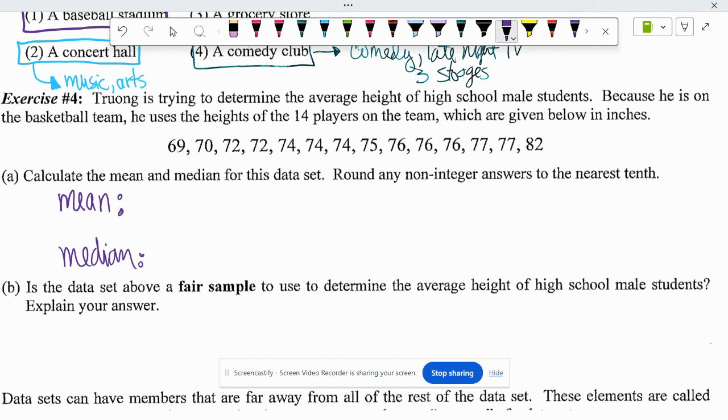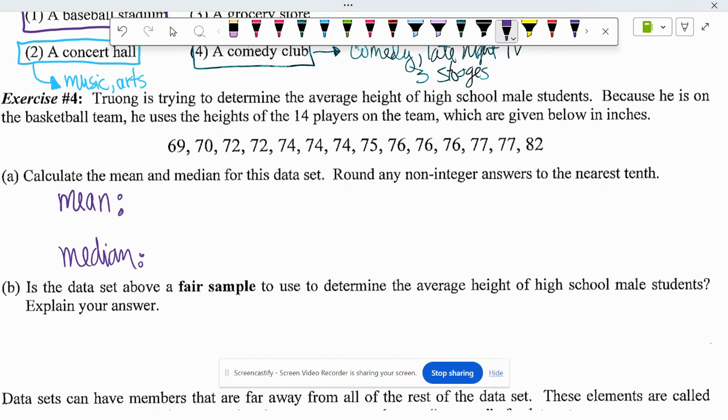It says round any non-integer answers to the nearest tenth. So if you get a number that's got a decimal, we just want 1 decimal place. So Braden, you have the mean. Ashton, you have the median. I'm ready whenever you are. You got 75 what? For your median?